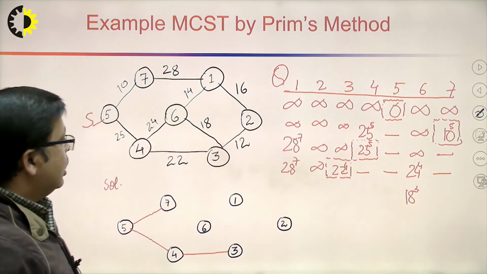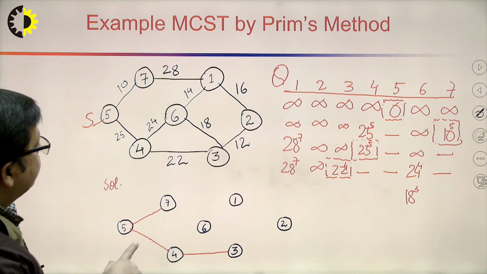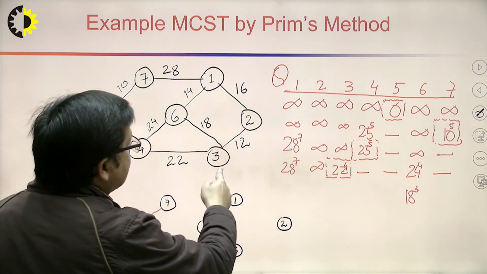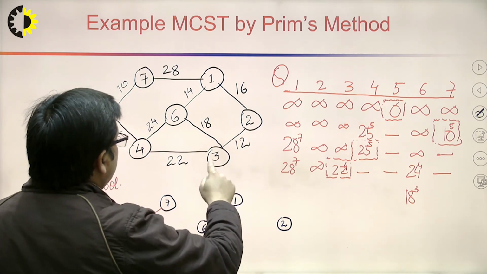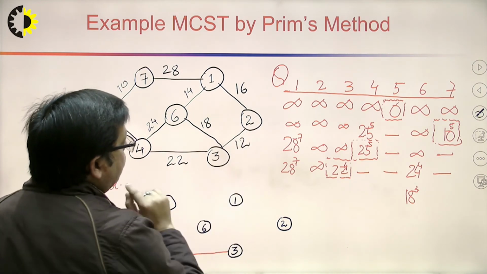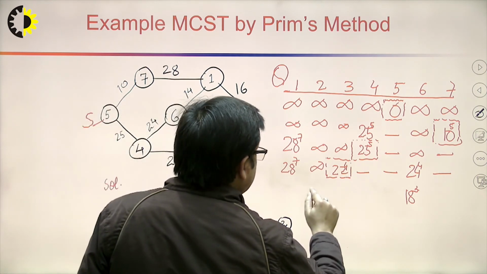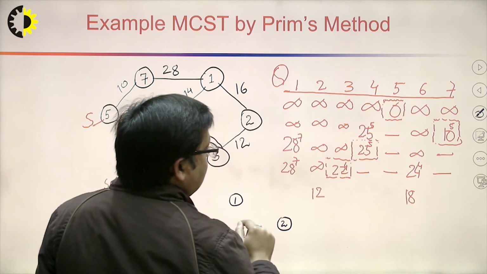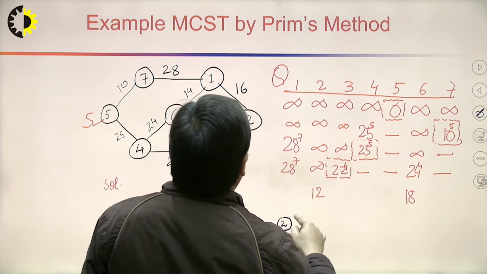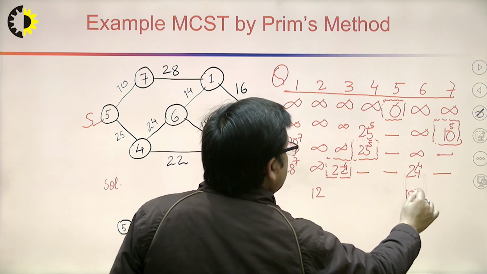So, we mark here that the parent of node 6 is 3, right, and the another adjacent of the 3 is node 2. So, weight of node 2 will be updated with 12, right, and the parent of this will be 3.